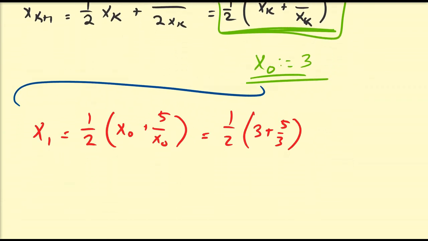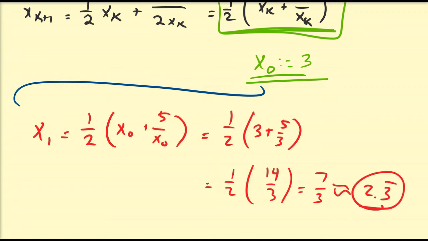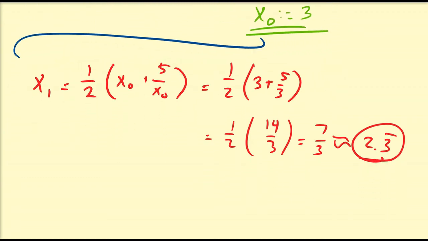You can do some mixed number operations here, so it's just going to be 1/2 times 14/3, which is the same as 7/3, which as we should know is approximately equal to 2.3. Right, so after one iteration, we have 2.3.